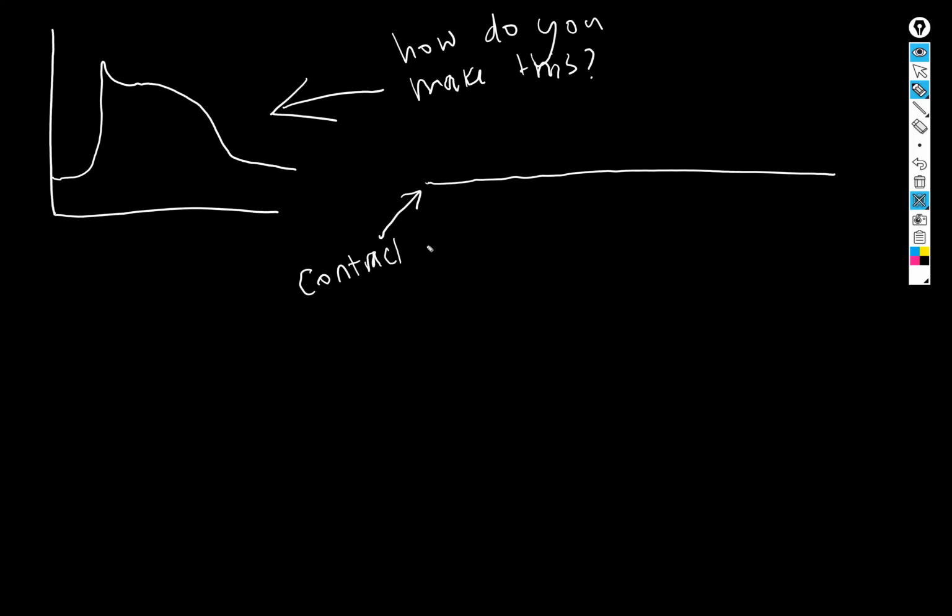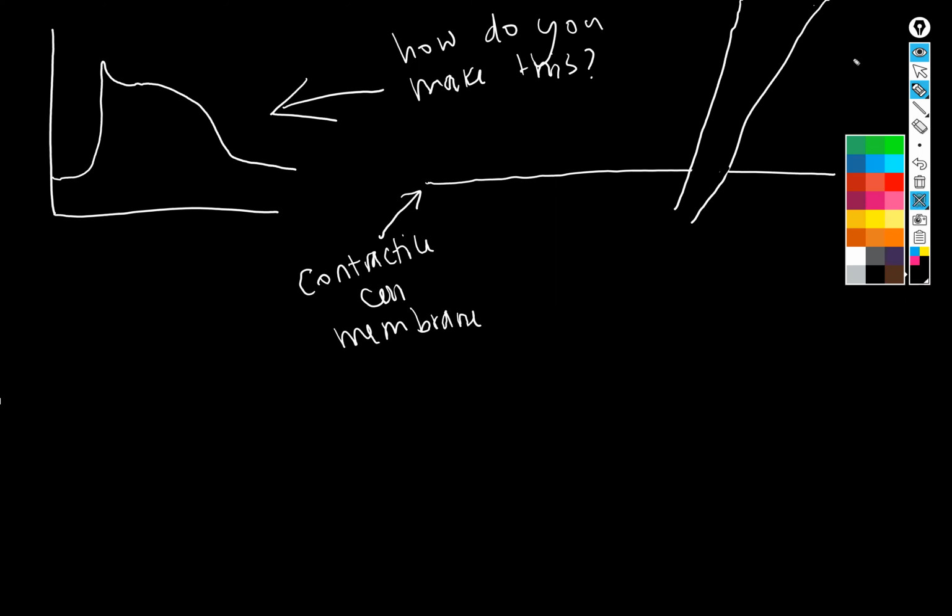So in order to make this picture, you have a single contractile cell membrane, and you have a glass electrode that looks like that. And the glass electrode is poking through the cell membrane. And this electrode is connected to a measurement device, and it measures ions.